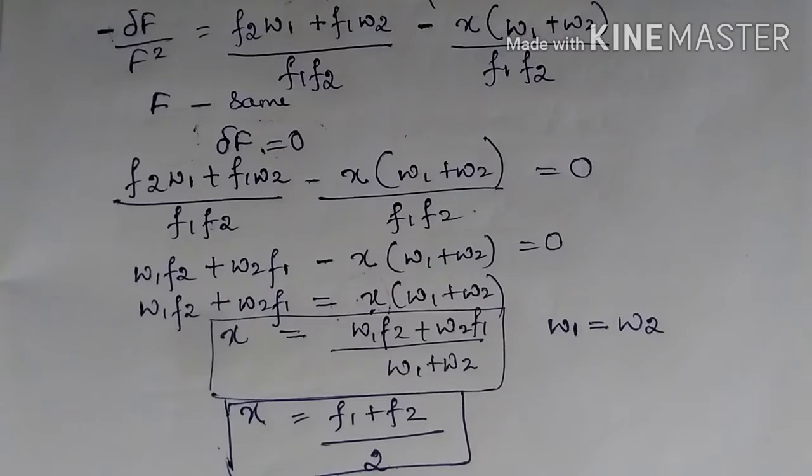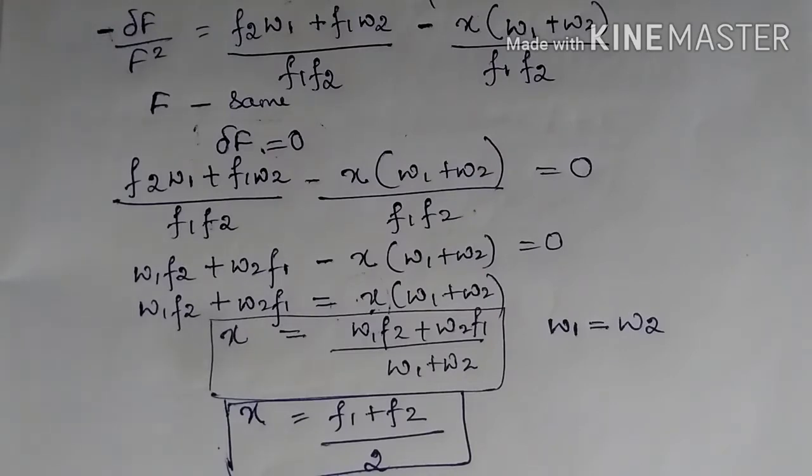So that means omega 1 will be equal to omega 2. So if you substitute that here, what you will get is x, that is the separation distance between two lenses, as f1 plus f2 divided by 2. That is the focal length of the first lens plus the focal length of the second lens, divided by 2. So that gives the separation distance between two thin lenses.